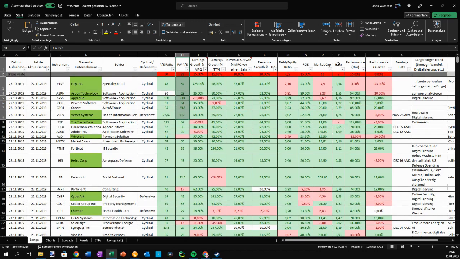Then the beta. That criteria basically shows you how volatile a stock is, but that's not very well explained.